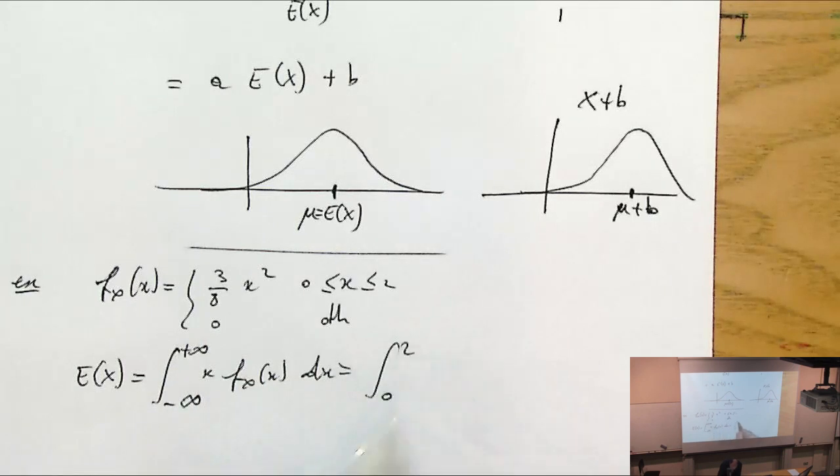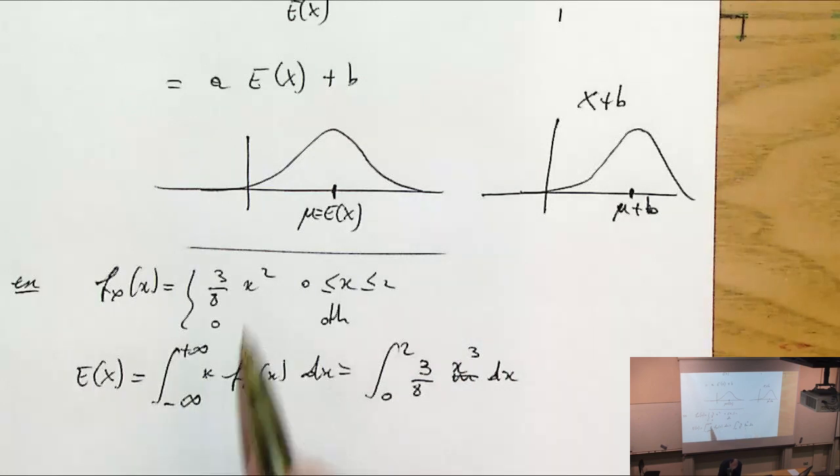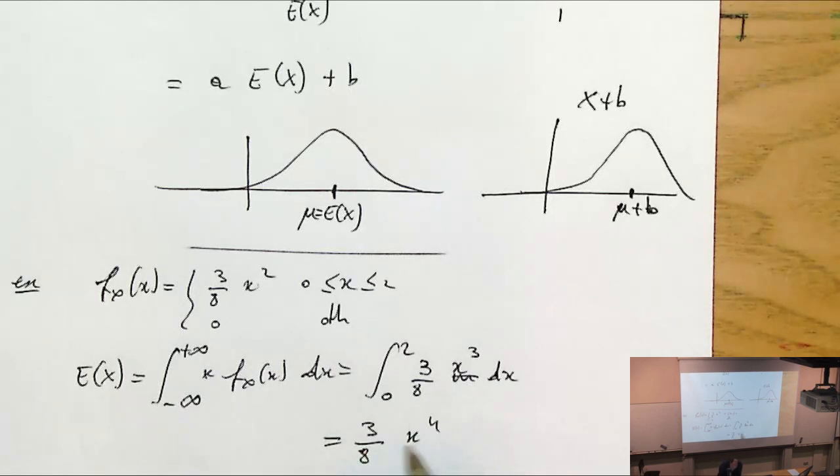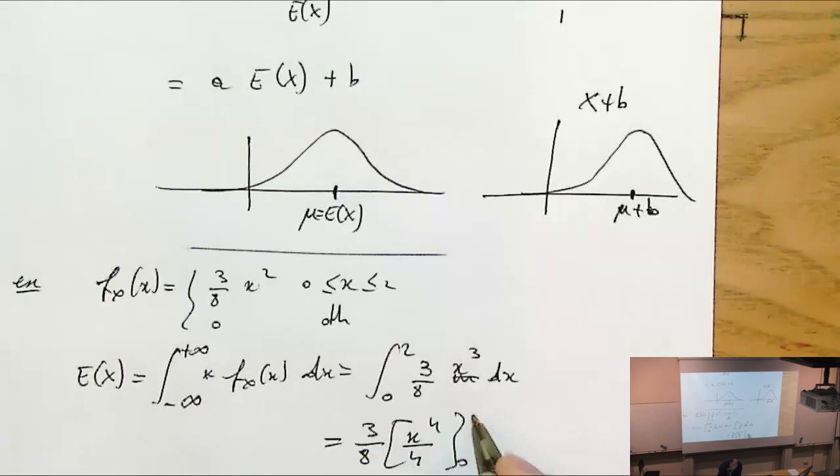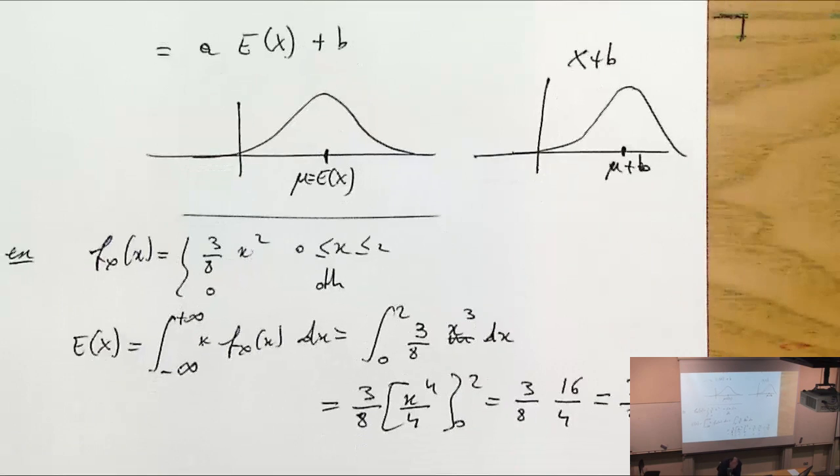This is the same as the integral between 0 and 2 of 3 over 8 x cubed dx. So x multiplied by x squared, now you have x to the third. And so this is 3 over 8, x to the fourth divided by 4, from 0 to 2, 3 over 8 times 16 over 4, and this gives 3 over 2. Okay?